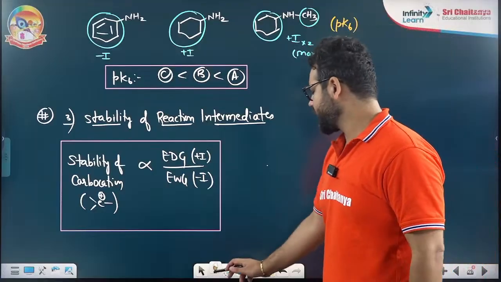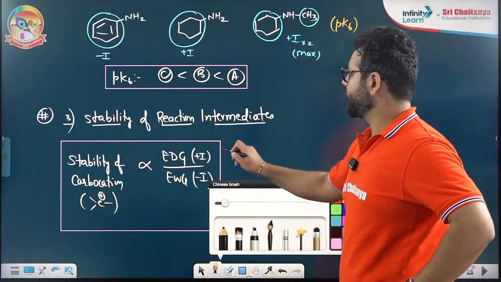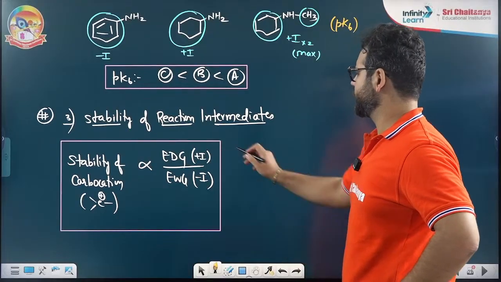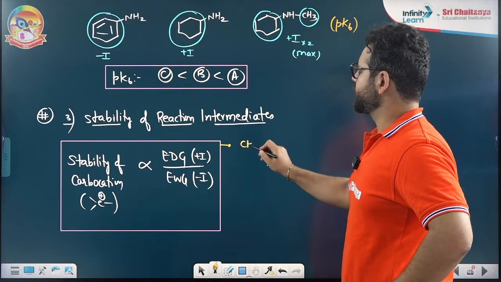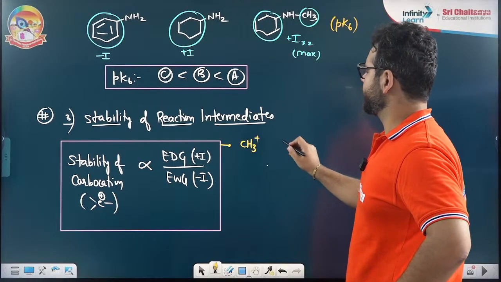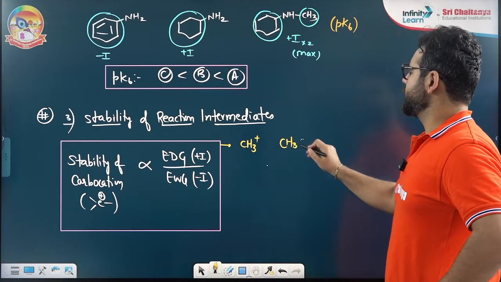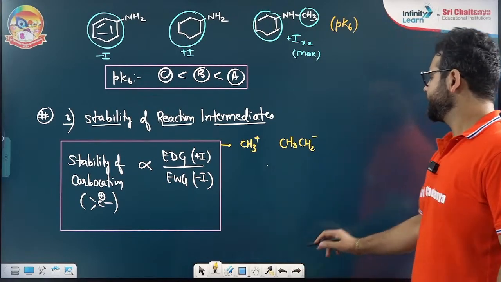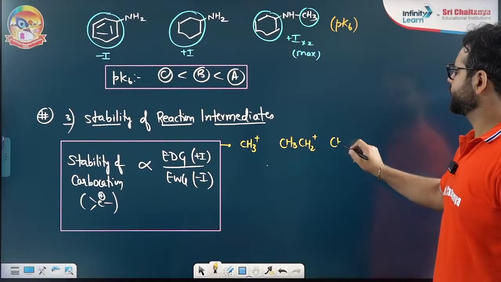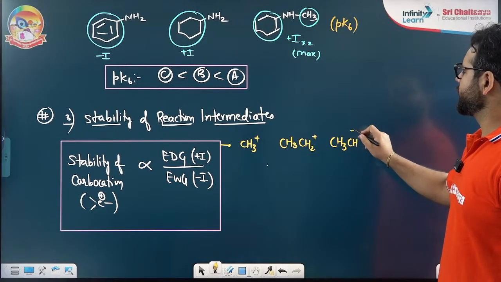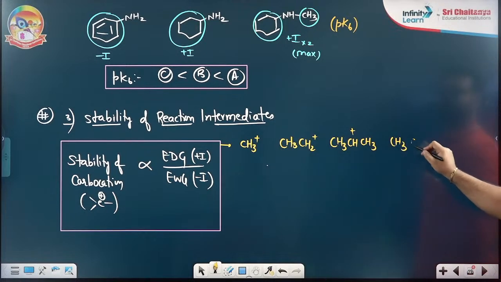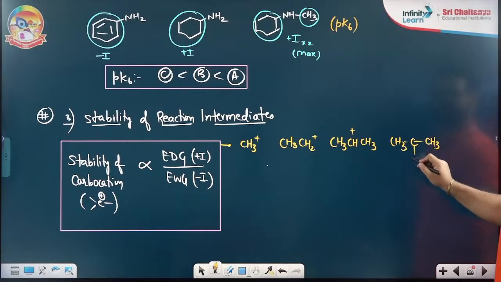So first let us look at carbocation examples. Let me take a simple one: CH3 positive, CH3CH2 positive, CH3CH positive CH3, and tertiary butyl carbocation, CH3C positive with CH3, CH3.